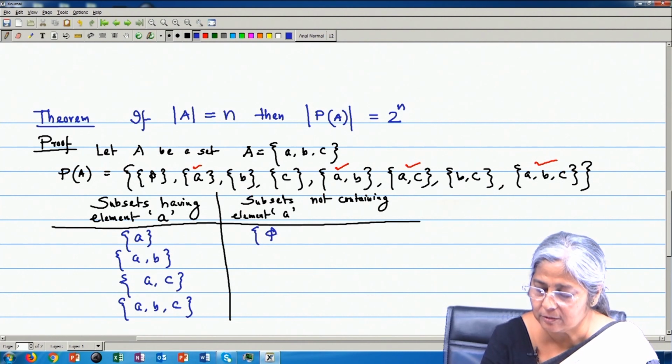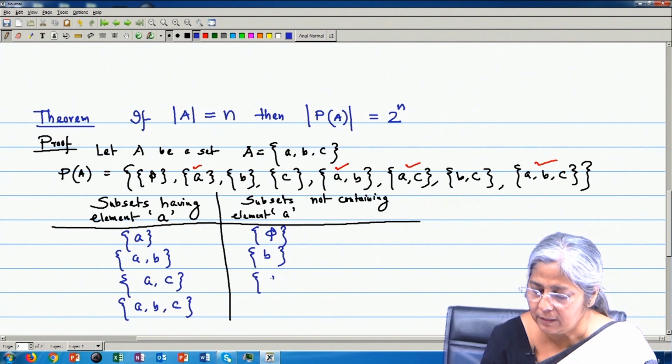One is the null set, then {b}, {c} and {b, c}.